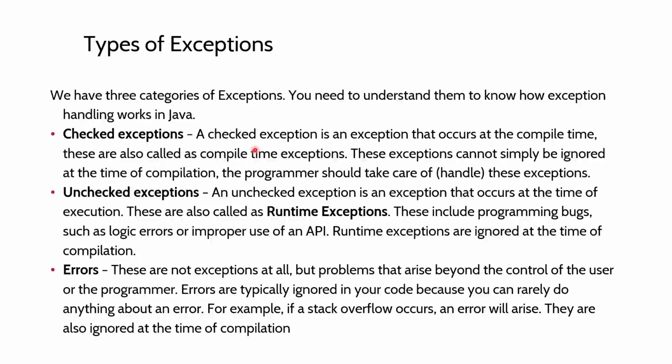The good news is that the compiler helps the programmer eliminate these exceptions. Unchecked exceptions, or runtime exceptions, can include runtime bugs, bad business logic, improper use, say, of connecting to an API, things that the compiler just cannot always check for.